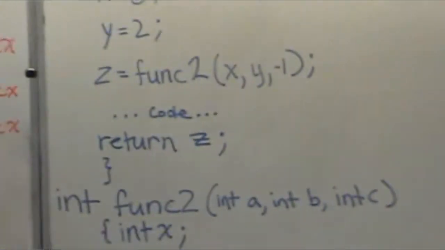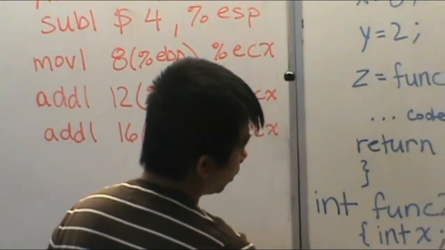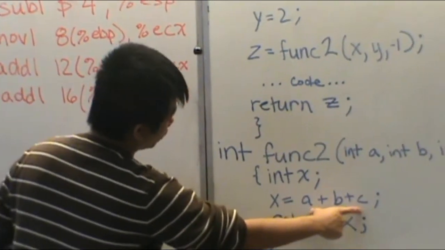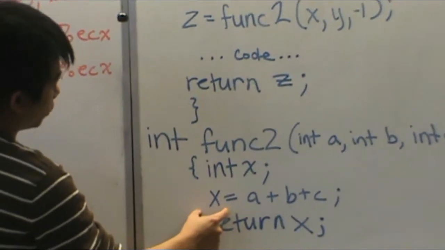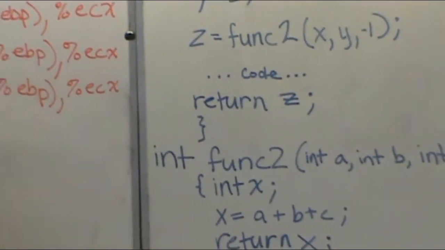So now we can move the sum of these three values into the local variable x.